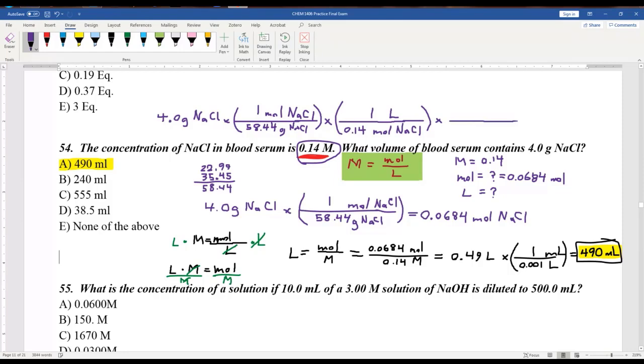And then I can follow that up by converting liters to milliliters. 1 milliliter is equal to 0.001 liters, or 1,000 milliliters equals 1 liter. Either is fine. So I multiply that by the top, divide by the bottom, and with 2 sig figs, I get the same exact thing. I get 490 milliliters.